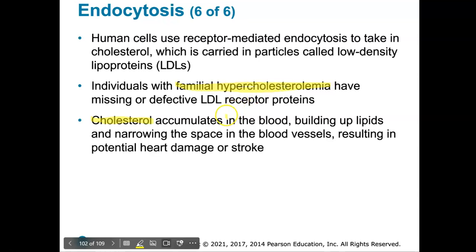So in that case, it doesn't even matter what their diet is. It's hard to even control this condition with diet. They have to take cholesterol drugs. Typically, they're drugs called statins. But anyway, they don't have LDL receptors, or if they do, they're defective. So they're not able to remove that cholesterol from the blood and bring it into the cells and store it.